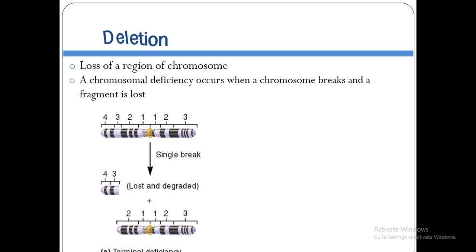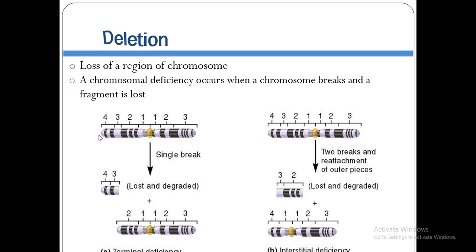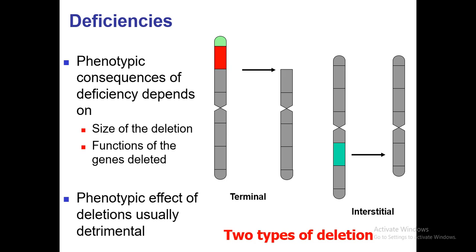It could be terminal, meaning the deletion happens at the terminal ends of the chromosome, or it could be interstitial, meaning the deletion happens in the middle of the chromosome. Deletions are basically a fatal type of structural abnormality because they could delete very important information for carrying out and manifesting a trait.